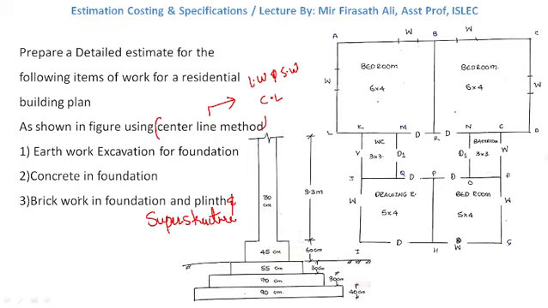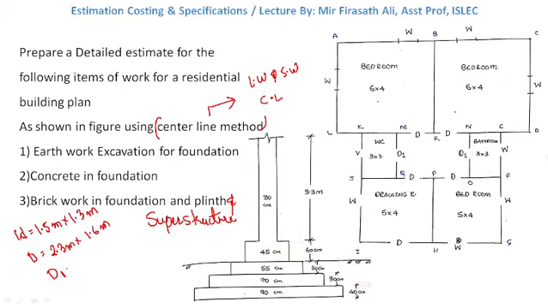Before this, let us write the dimensions of doors and windows of this plan. The dimensions of the windows are 1.5 meter into 1.3 meter. Doors, these are the main doors, are 2.3 into 1.6 meters.